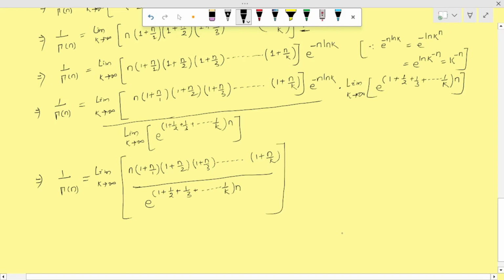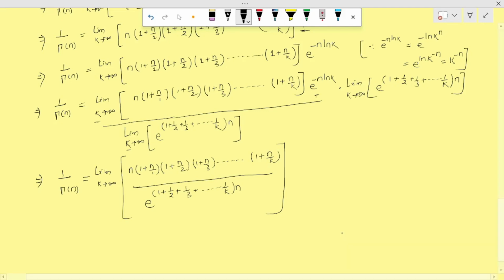Because here limit k tends to infinity and here also k tends to infinity, there is no need to write it two times. So I write limit k tends to infinity, and these two terms I write as such. Here exponent to the minus n ln k and exponent to the power 1 term, k is also there, so this term should be in this limit.